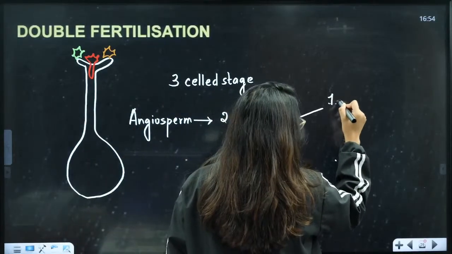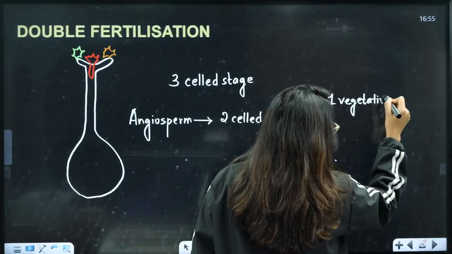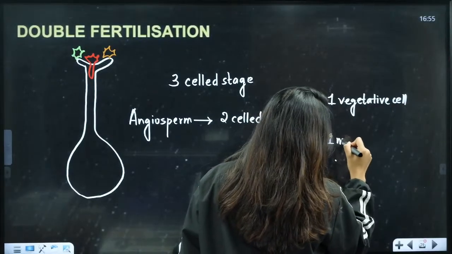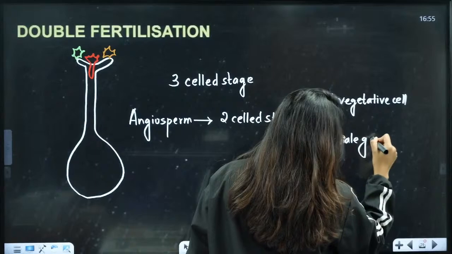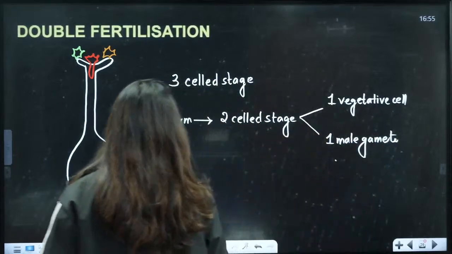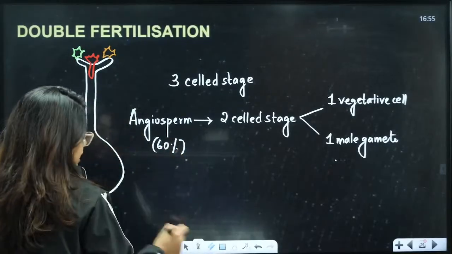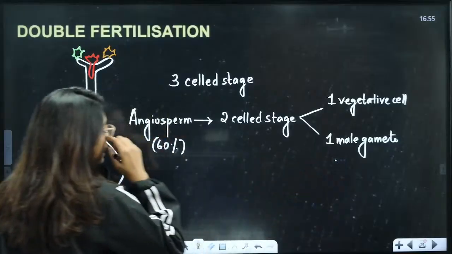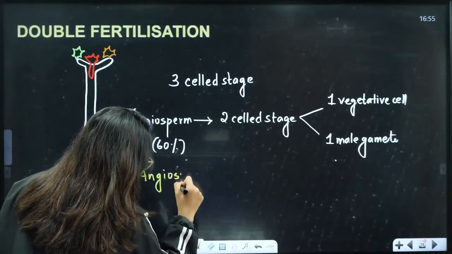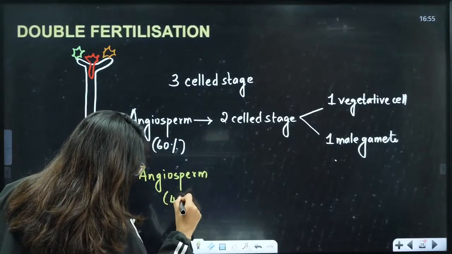One vegetative cell is there, and one male gamete, only one male gamete. This happens in 60% of angiosperms. Second scenario, what happens in the other 40%.